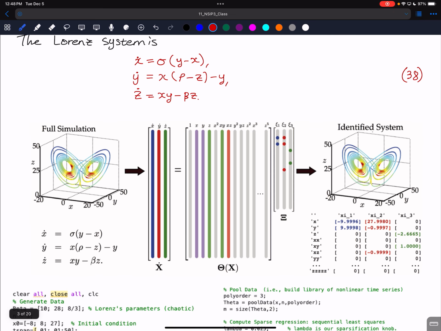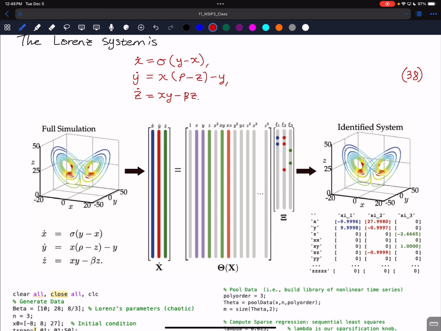Okay, so I'm just going to show you their figure from their paper. They basically do a simulation of this. That's what's shown on the top left there. They choose the following candidate library. You can probably see those, look at the notes. They choose these functions. They then do their sparse regression, and what they find is, if you look at the Xi matrix, they have these 2 blue terms, these 3 red terms, and 2 green terms, and those are the terms that survive and are kept out of all of the possible terms that could exist in this model.